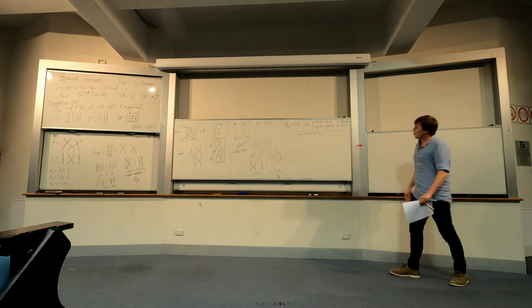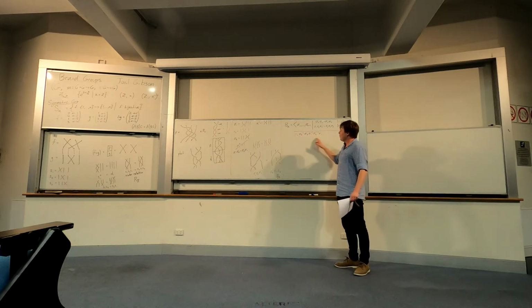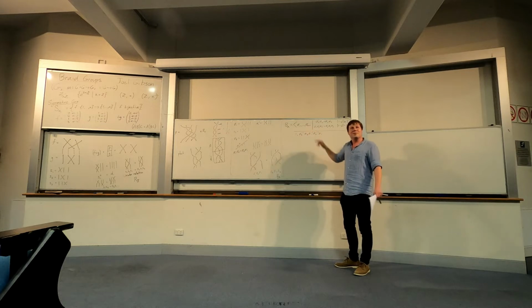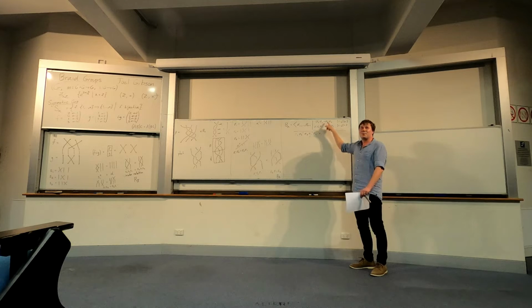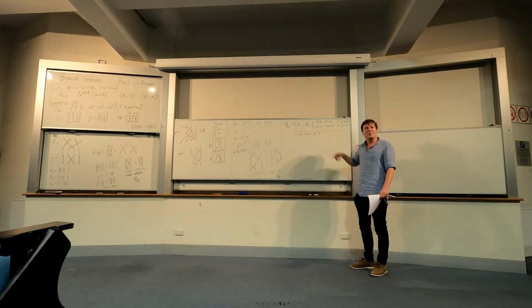But now you have a different problem, which is that you might want to tell whether two of these are equal. And it's not clear how to apply these simplification rules to tell whether these are equal.